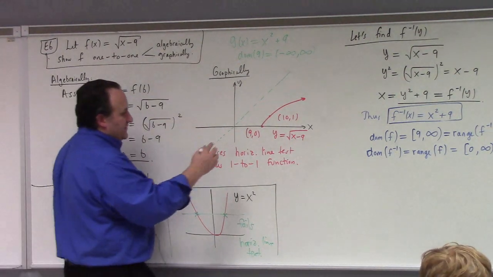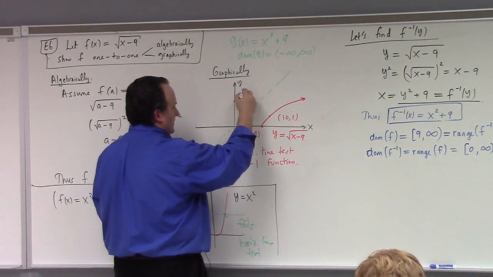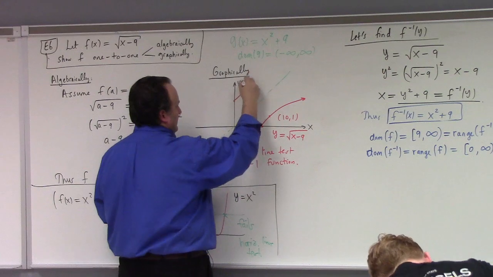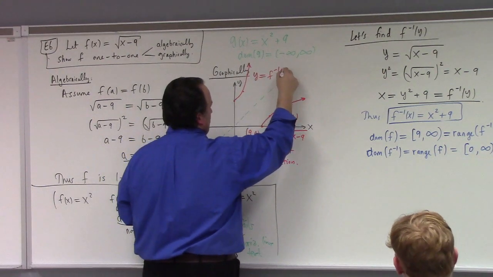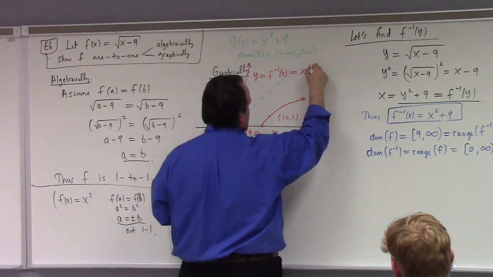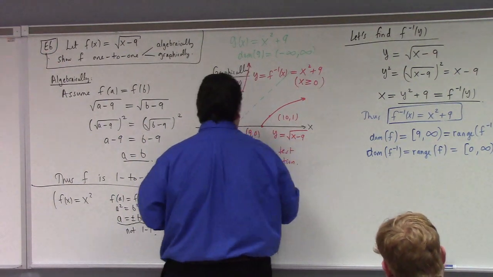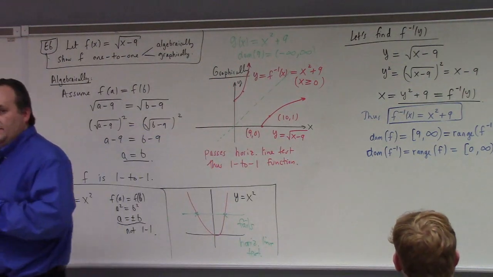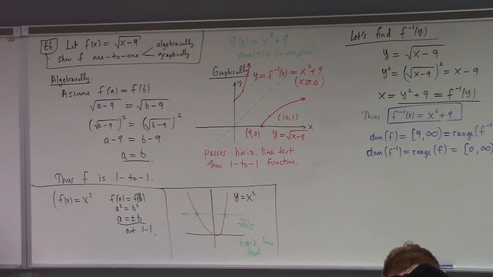To get the inverse function, we flip it. So they're up here, and it's like this. There you go. That's y equals f inverse of x, which of course is x squared plus 9. But by the way, x is greater than or equal to 0. So it's not the full parabola. It's just half of the parabola that serves as the inverse function for the square root.